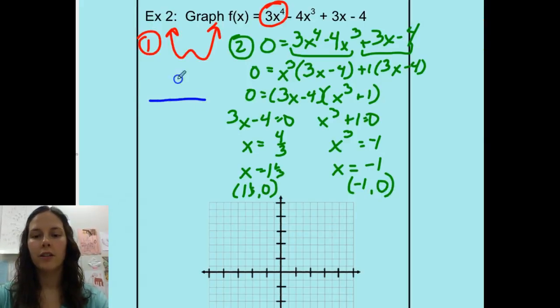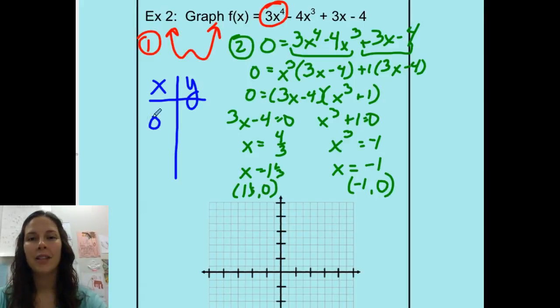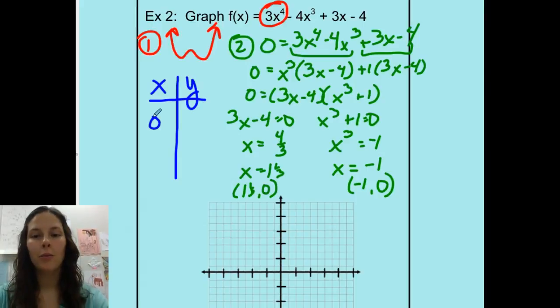Third, we will try and find our turning points that will occur between the zeros. Between -1 and 1, the integer is 0. You do not have to sub in any fractions. Subbing in 0, we get a y value of -4, so we will use that for our turning point.